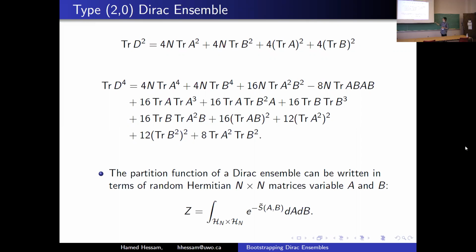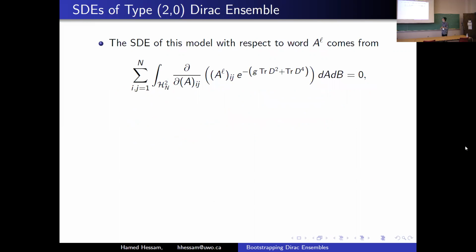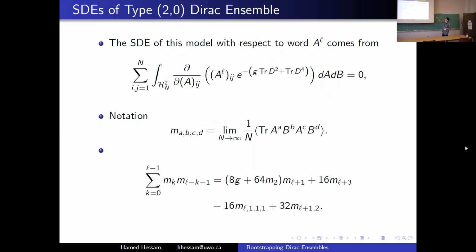So again, the partition function can be written in terms of A, B, but we have a two-matrix model here. And the Schwinger-Dyson equations for the word A to the power L look like that, but you can have a different word. Let's say A to the power L1, B to the power L2, A to the power L3, and so on. Any word you put there, you will get the Schwinger-Dyson equations.